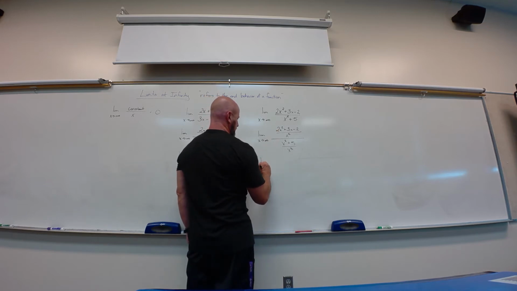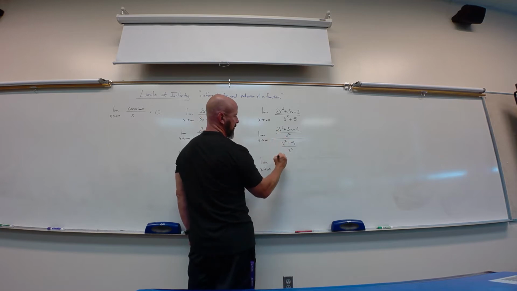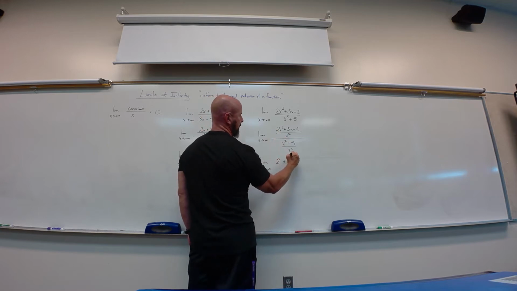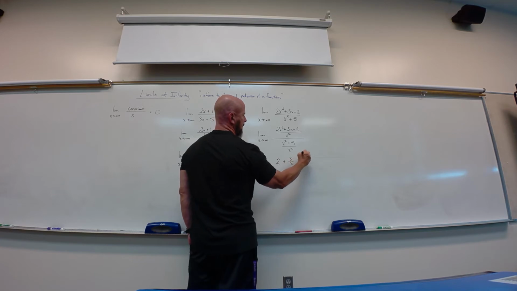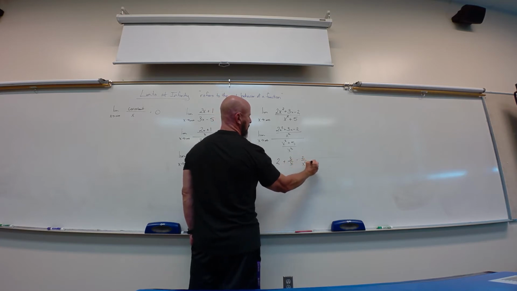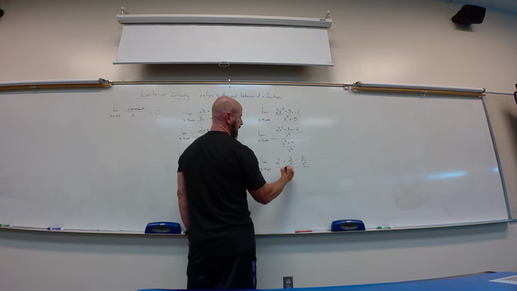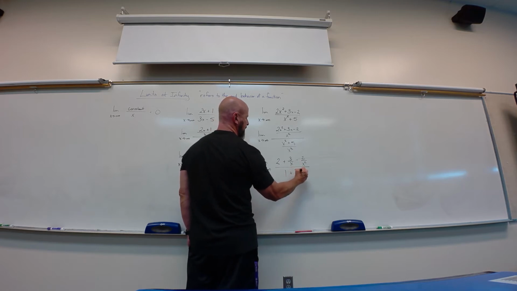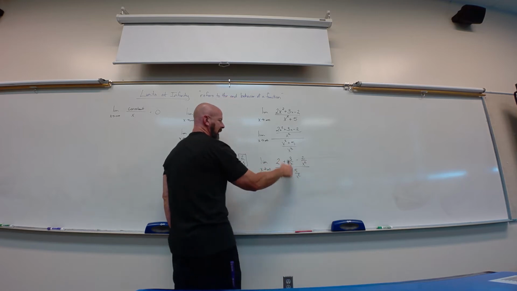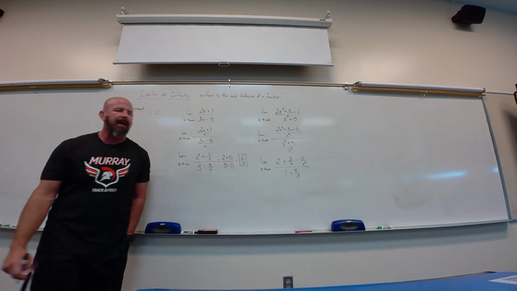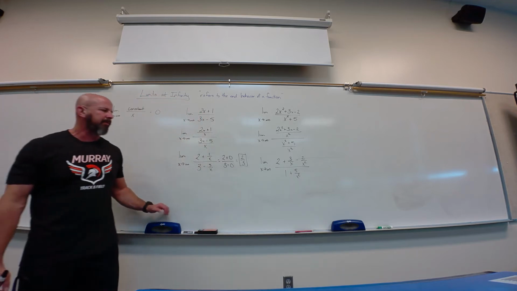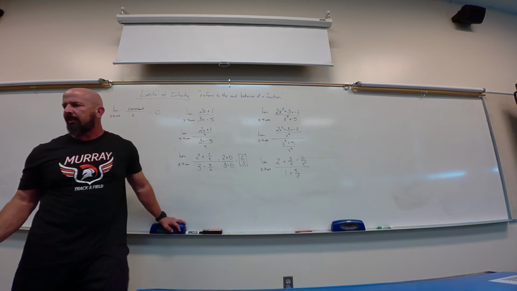The limit as x approaches infinity. Right up top, you'd have 2 plus 3 over x minus 2 over x squared. And on the bottom, 1 plus 5 over x squared. Now, these last three pieces there, 3 over x, 2 over x squared, 5 over x squared, they're all going to go to 0.